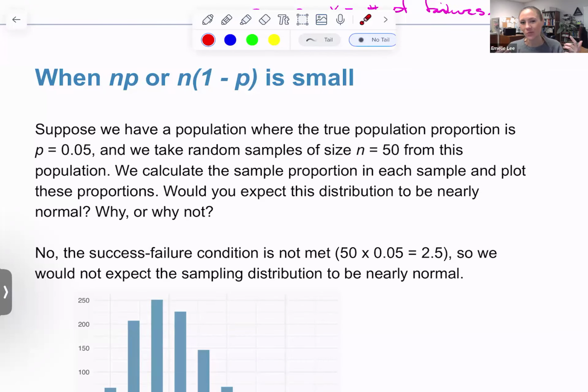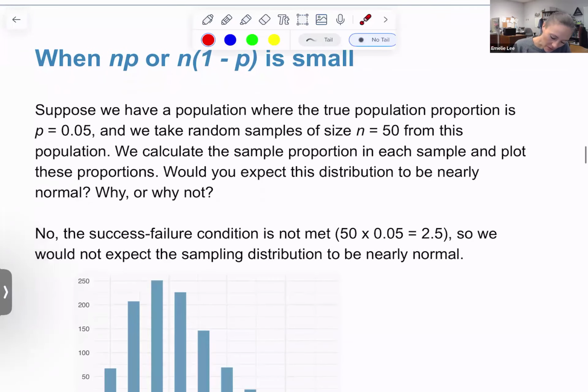Maybe one, but you would have to collect a larger sample in order to see more successes. That's what we're getting at with that condition. The sample size condition is that we would need to increase our sample size in order to be able to detect the number of successes that we need to see.